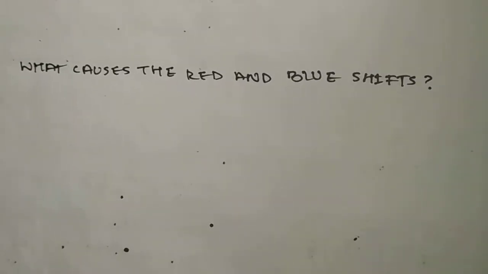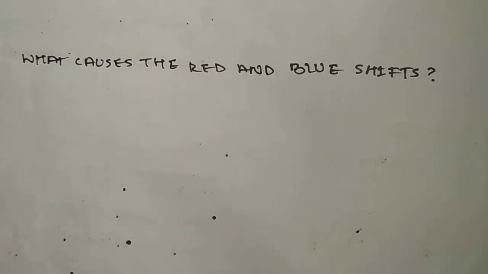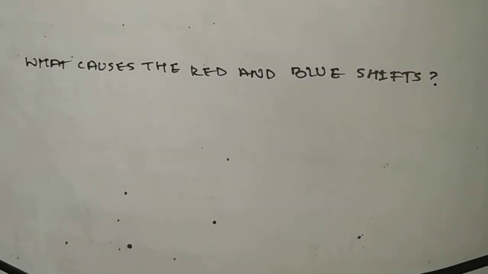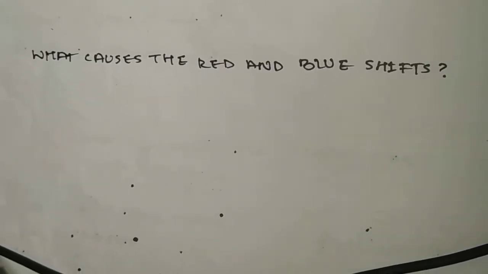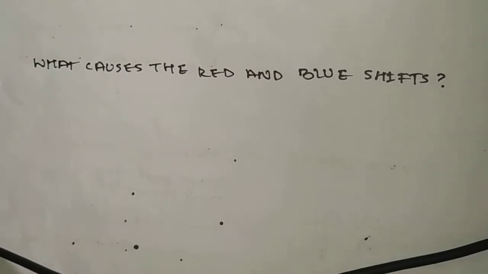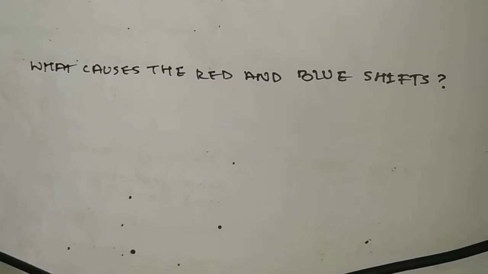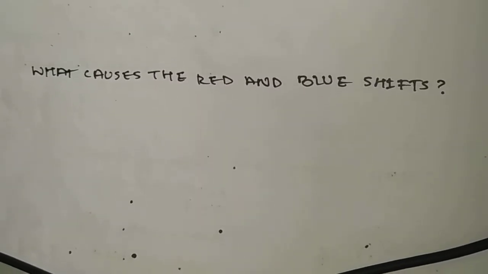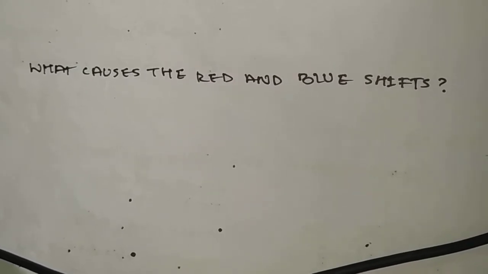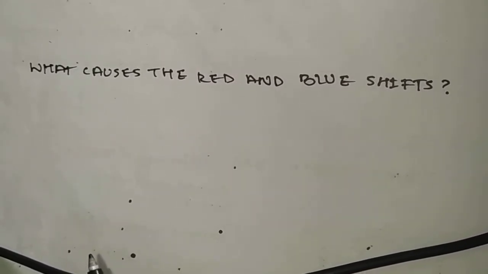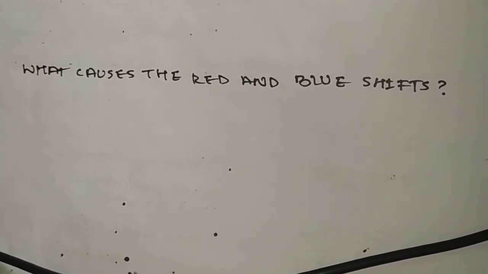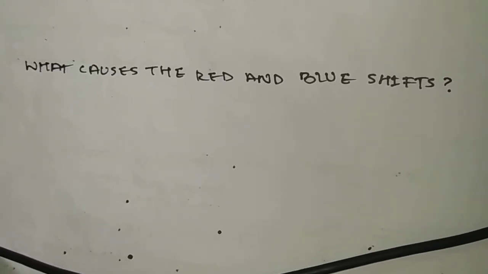Now you must be wondering what causes the red and blue shifts. Let me explain. Red shift occurs when the light source is moving away from the observer, and since the light source is moving away, there will be lower frequency, or less frequency received by the observer. The light will shift towards the red end of the visible light spectrum and thus causes red shift.